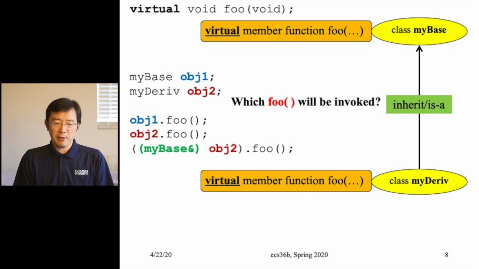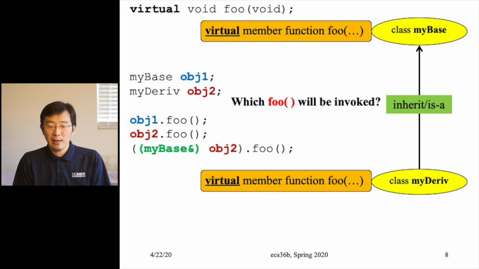Exactly the same scenario. The only difference is adding this virtual keyword in the class definition for both class my base and class my derive. It means that you have to set both of them as a virtual function in their member function declaration. Still I have exactly the same piece of code.